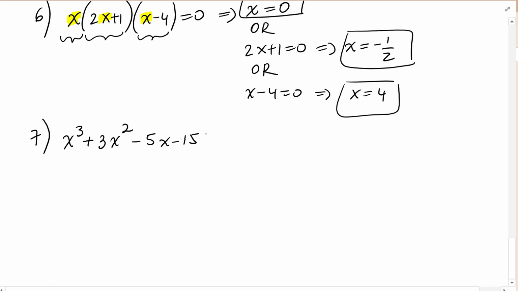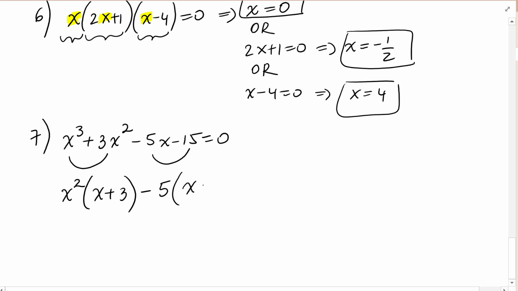Minus 5x minus 15 equals 0, and we want to solve it. Well, it's not in factored form, but because I have 4 terms, my thought immediately goes to factoring by grouping. So the common factor between the first two is x squared, and that's x plus 3, minus 5 is a common factor between the last two, and we get x plus 3.